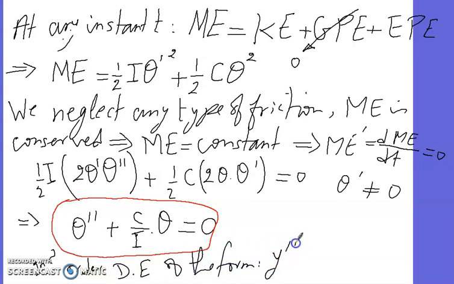You remember the second video. y double prime plus omega 0 squared y equal to 0 when we studied the mathematical note differential equation, where omega 0 squared here is c over I. Here I'm comparing this equation with the mathematical equation, the second derivative. Okay?